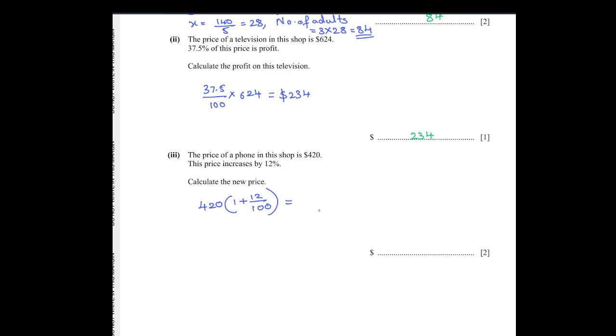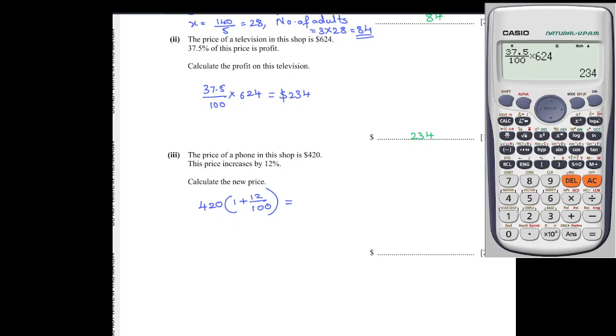So the new price will be 420, open the brackets, 1 plus 12 by 100, is equal to 470.4.